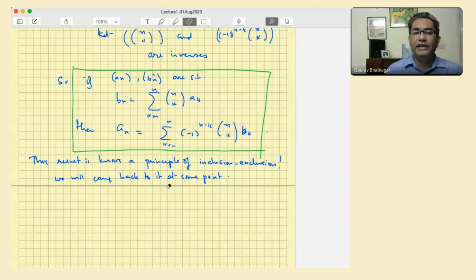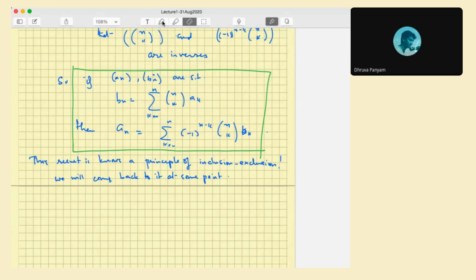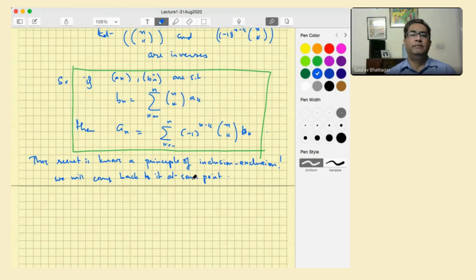But anyway, the point is this result is virtually trivial, but it's a very deep result. This particular result, that these two are inverse matrices, is known as the principle of inclusion exclusion, and it's known as a sieve method, and it's known as Mobius inversion. So in different contexts, it's known as Mobius inversion.